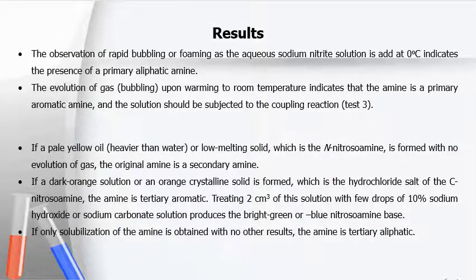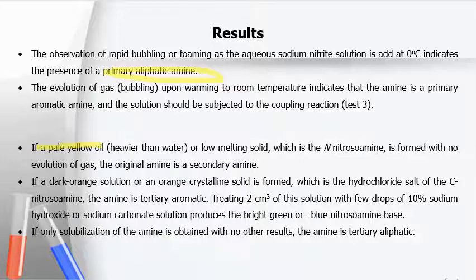Result: the observation of rapid bubbling of gas forming as the aqueous sodium nitrite solution is added at 0 Celsius indicates the presence of a primary aliphatic amine. This is the indication, okay? And the evolution of gas bubbling upon warming to room temperature indicates the amine is a primary aromatic amine, and the solution should be subjected to the coupling reaction.